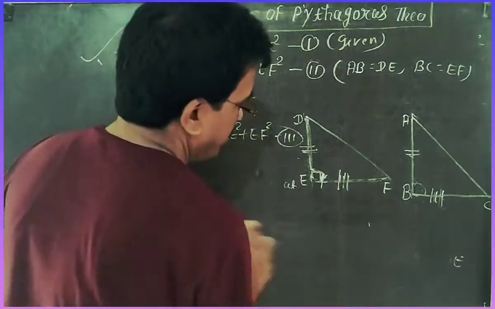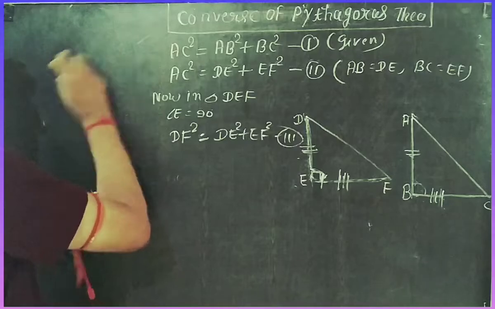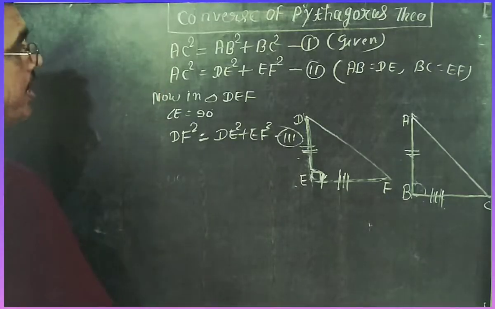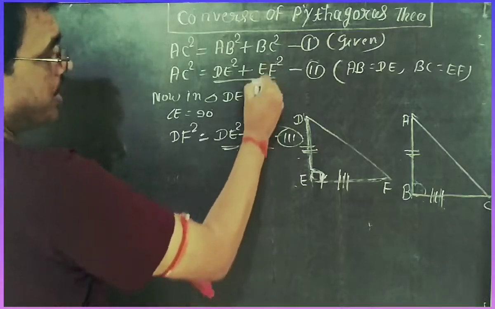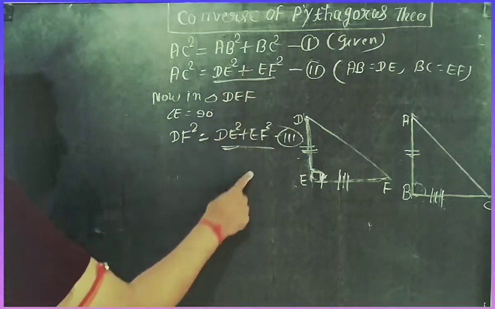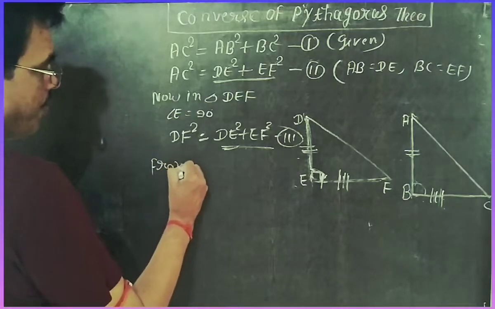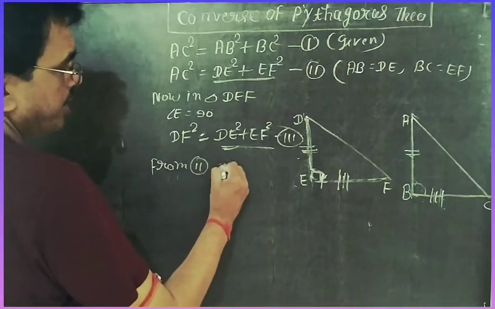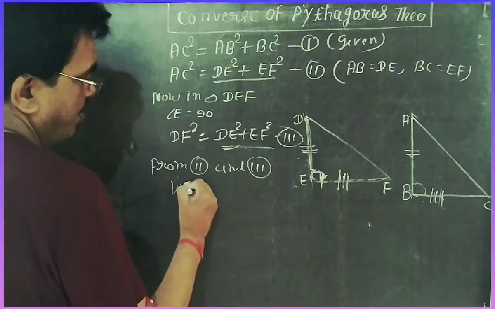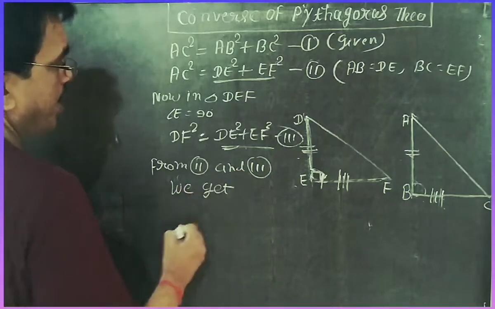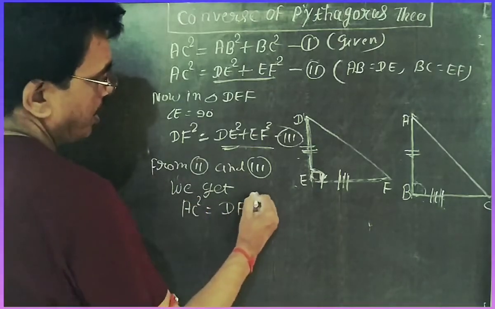What do we conclude from equation second and third? Find out, in the second equation this is and in the third equation this. Both are the same, that is RHS is equal. So from equation second and third, we get AC square is equal to DF square.